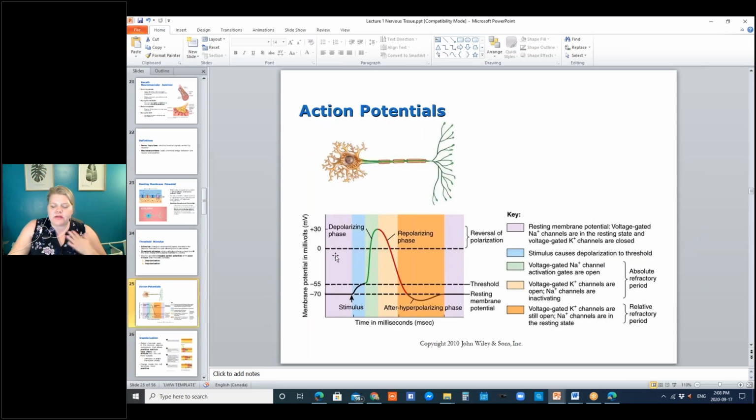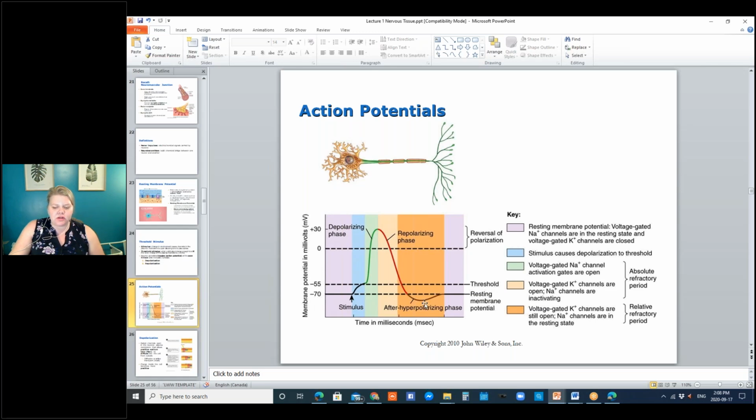At repolarization, this is where potassium channels are opened and potassium starts to flow out of the cell, reestablishing that negative resting membrane potential.